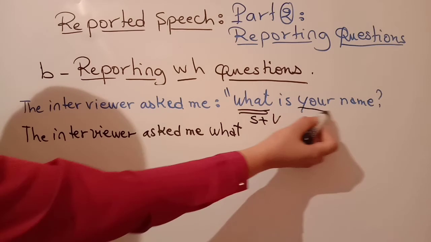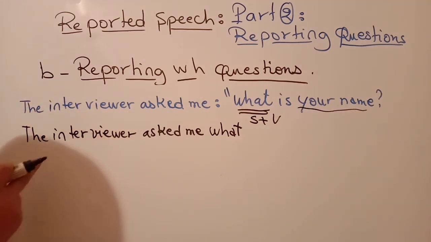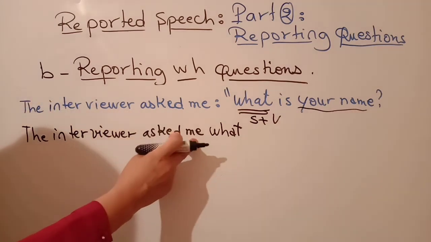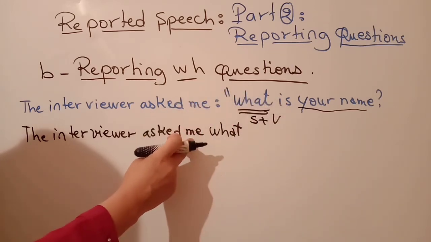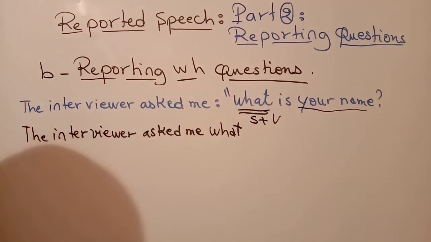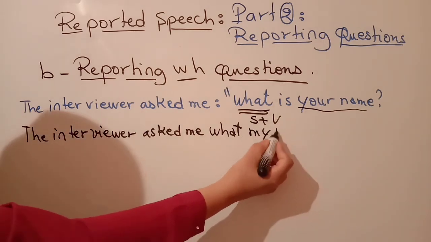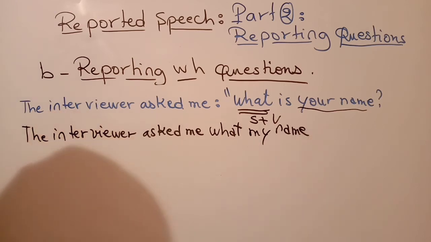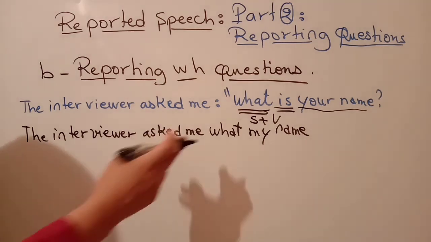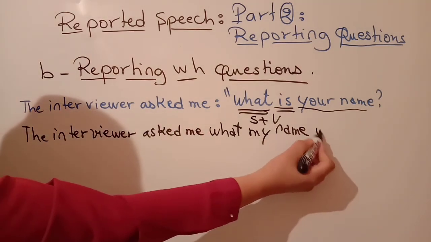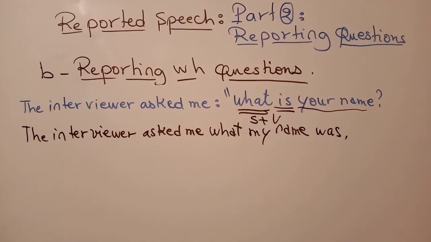The subject is your name. The interviewer asked me, so your refers to me. Your is a possessive adjective, it becomes my. What my name. And then you have the verb is, the verb to be in present tense. It becomes past simple, so present simple becomes past simple. What my name was. Right? Good.